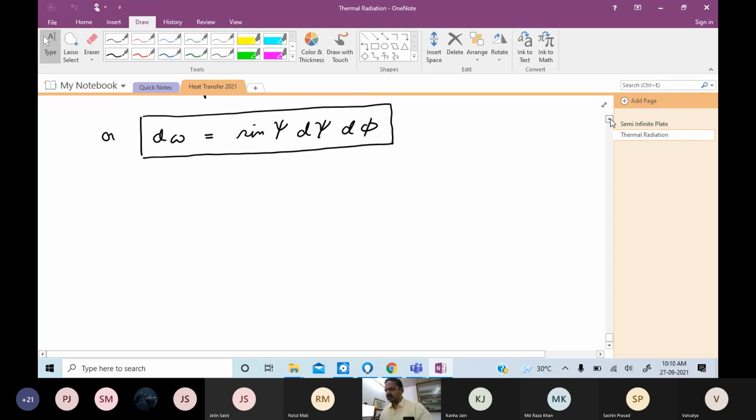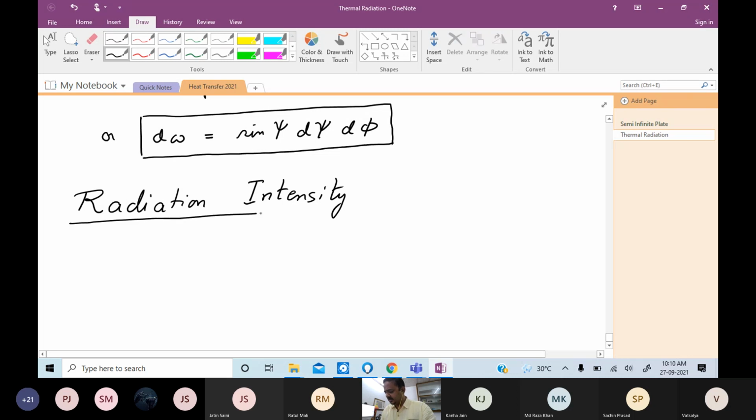Okay. So the next term that we are going to define, a very important term, is called the radiation intensity. What does that mean?